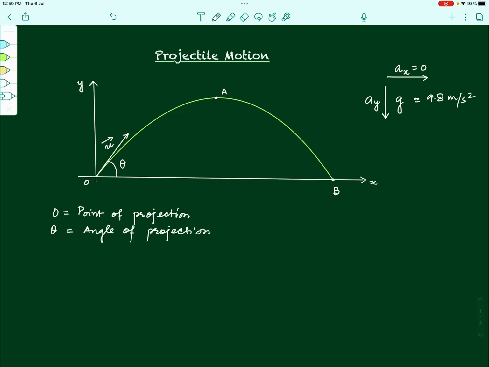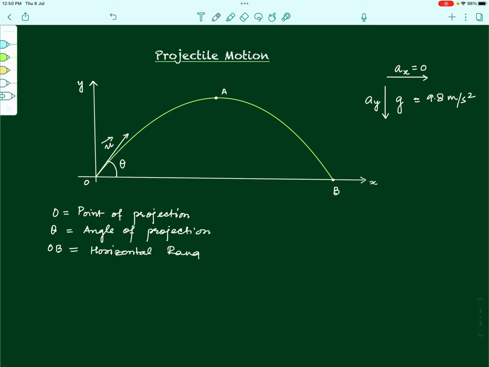Also, as the projectile moves, it will take this curve that we have marked as OAB. As it goes up, it will reach a highest point that is marked here as A. At A, it will take a downward turn. So, A is the highest point of its motion, and then it reaches back to the ground from where it was projected. On the ground, it now falls at a point B. So, the horizontal displacement of the projectile here, as we see, will be the displacement OB. The length OB here is called the horizontal range of the projectile.